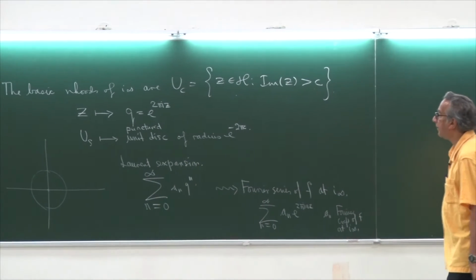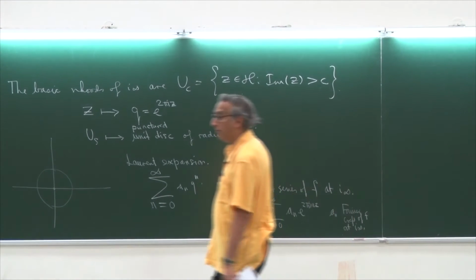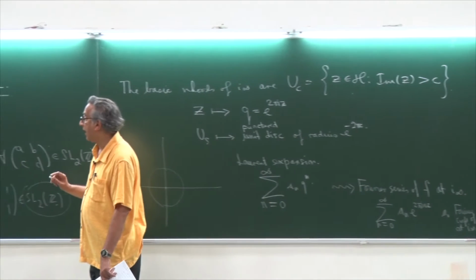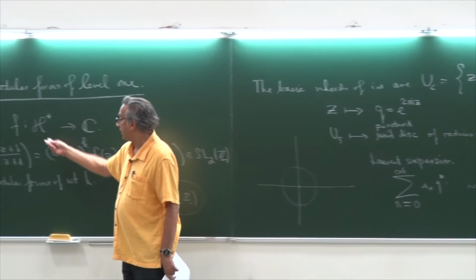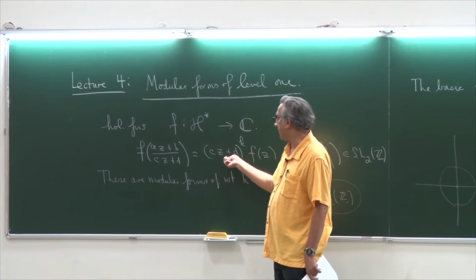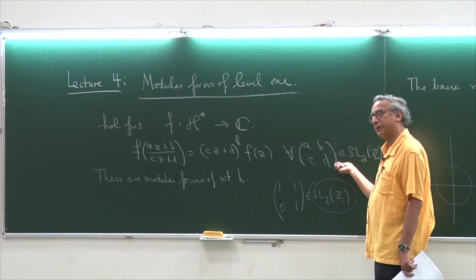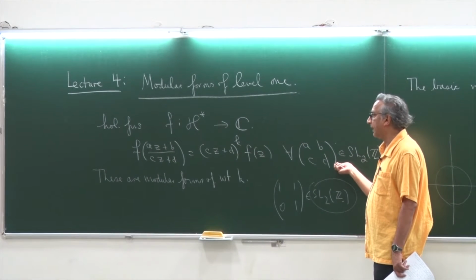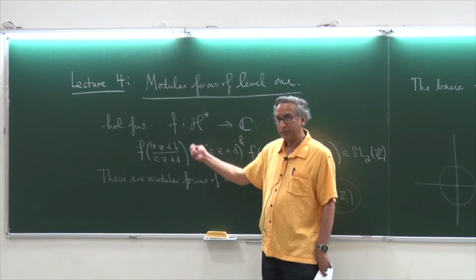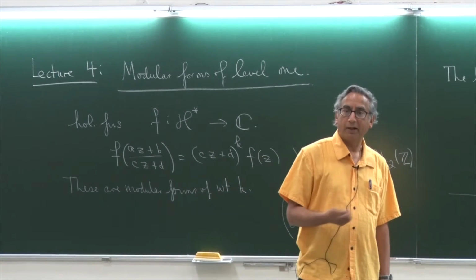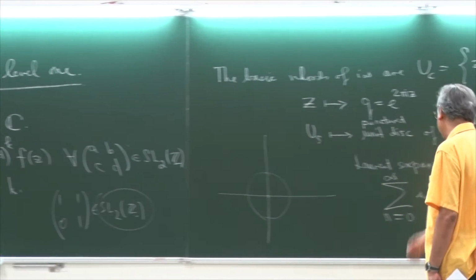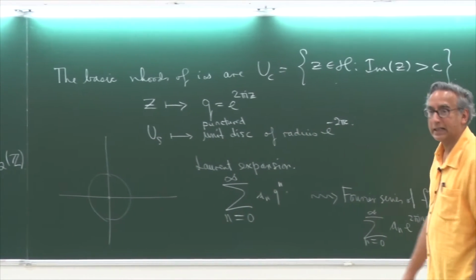So here, since I'm dealing with the full modular group, I'm looking at functions on the extended upper half plane which transform in this fashion for all elements of the full modular group, and all the cusps are equivalent under this full modular group. Therefore, you only have one inequivalent cusp, and so you only need to worry about what it means to be holomorphic at that one cusp.